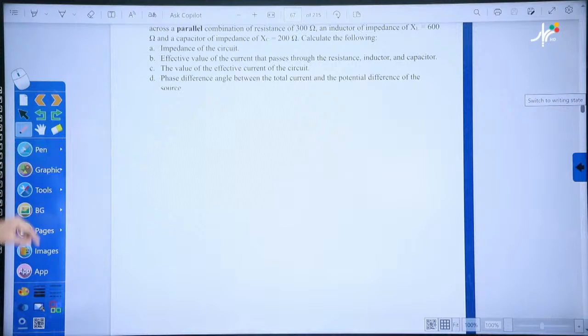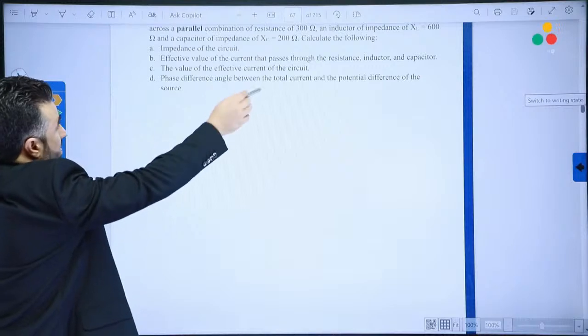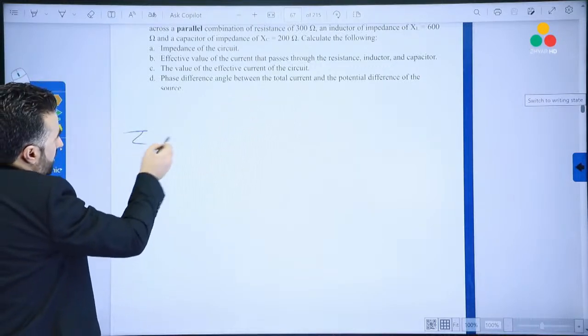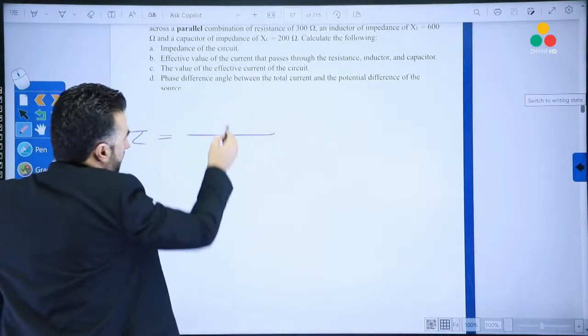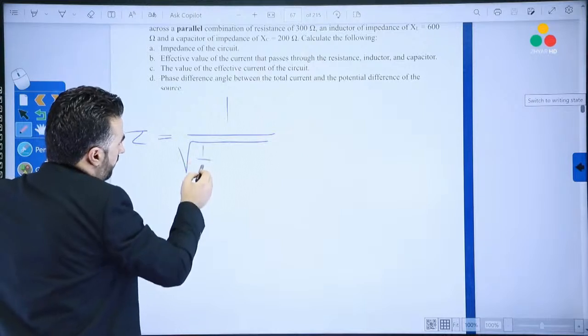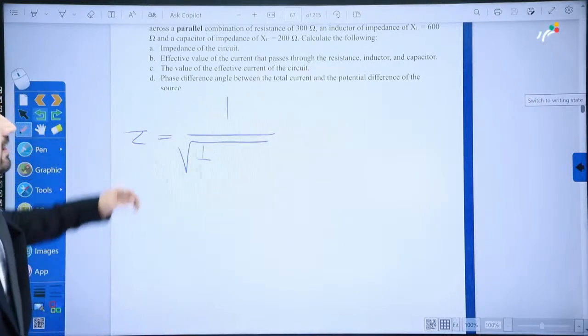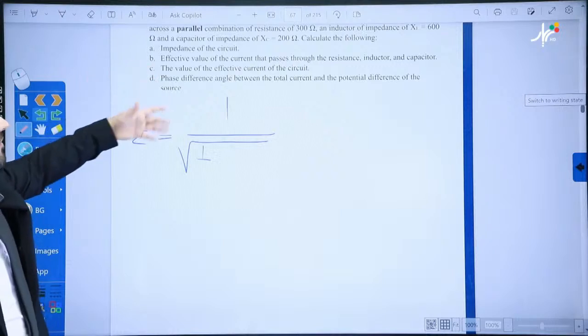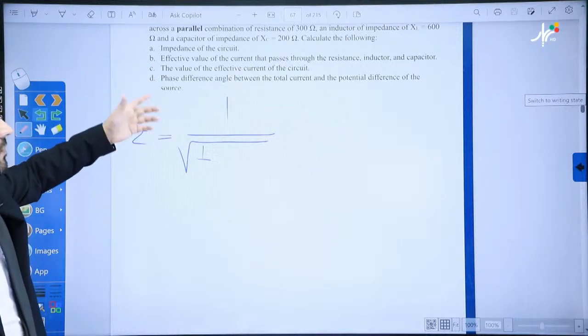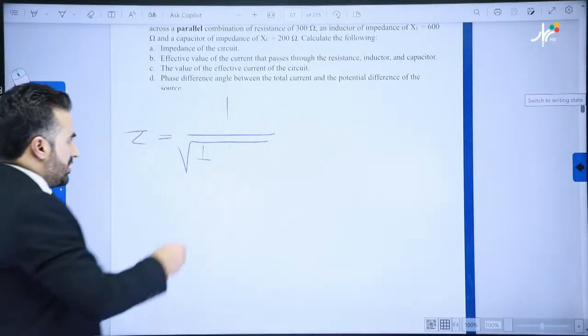All right, so the first thing says, find the impedance of the circuit, the total resistance of the circuit, yeah? So don't forget these are the information given. We said the impedance of the circuit equals to what? Equals to 1 over the square root of 1 over R squared plus, remember, 1 over XC minus 1 over XL, and then the whole thing squared. By the way, you can see that we have R, we have XL, and of course we have XC, so we can just use this one.